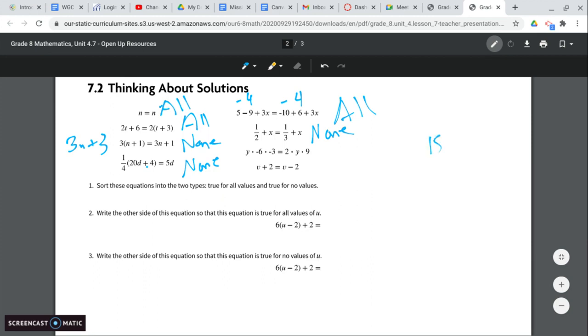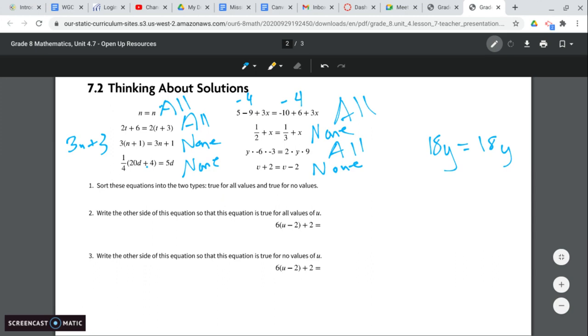So we have 18y equals 9 times 2 is 18. So also an 18y. So that means it's an all. And then the last one, v plus 2 equals v minus 2. 2 and negative 2 are two totally different things. So this is none.